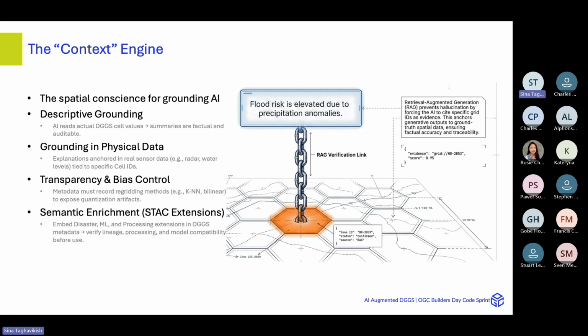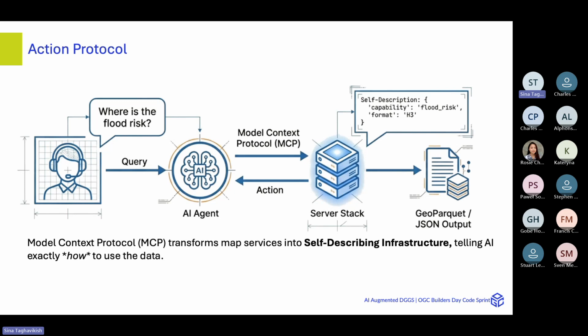So I talked about the context engine. Now I have to talk about how you interact with the DGGS automatically. If you want to feed the AI and you want the AI to really understand what you're doing, MCP, the Model Context Protocol, goes and reads your API.